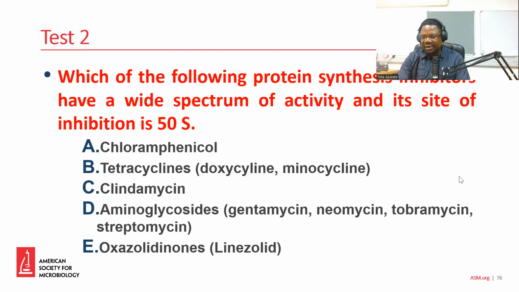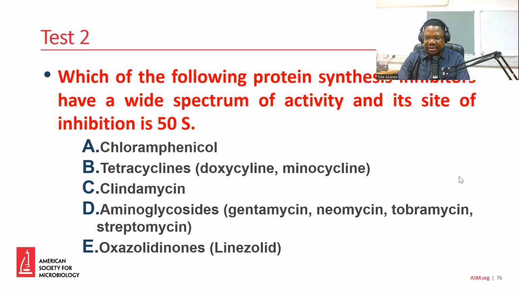And we know that clindamycin does not have a wide spectrum of activity because clindamycin acts primarily on gram-positive bacteria. And linezolid also does not have a broad spectrum of activity.